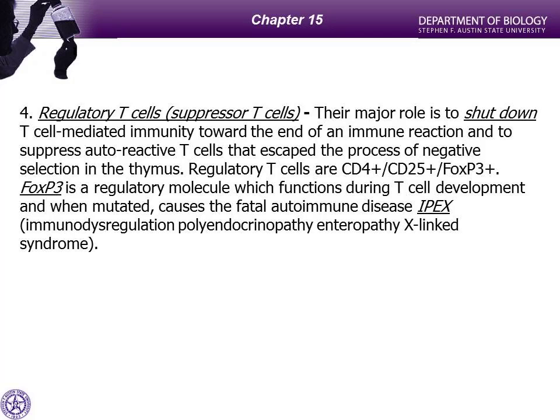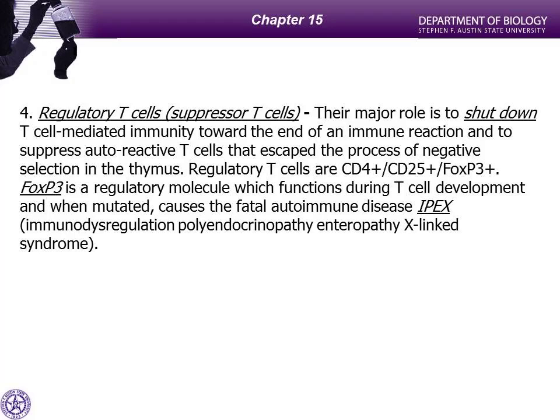Now, you may think that, okay, well, T cells are doing a good thing, and if you don't shut them off, or if they get too busy, is that really a bad thing? And the answer to that is yes. And it's exemplified in the simple fact that when you look at regulatory Ts and their receptors, in addition to CD4, which is similar to helpers, you also see this receptor FOXP3.